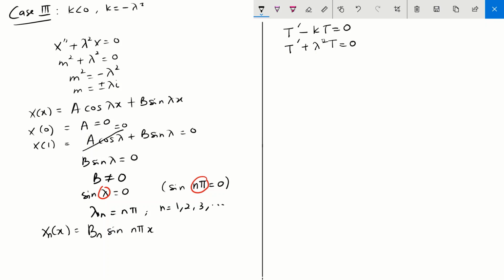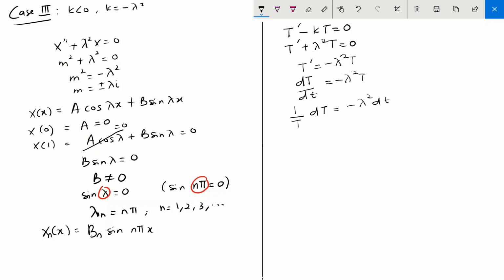But I'm going to simply show you how to do it. We have T prime equals minus lambda squared T. So T prime is actually dT over dt. We rearrange. You can simply separate this.